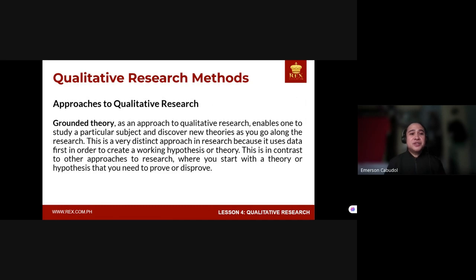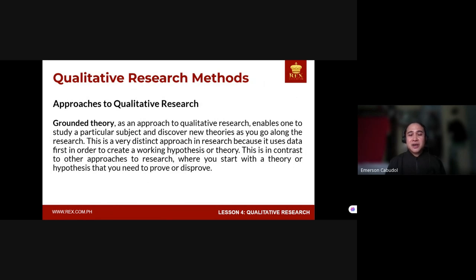Let's move to the approaches to qualitative research. Grounded theory is a qualitative research approach where you develop theories from the data itself rather than starting with a pre existing theory. You collect and analyze data, identifying patterns and themes, and use those patterns to build a new theory that is grounded in the data.